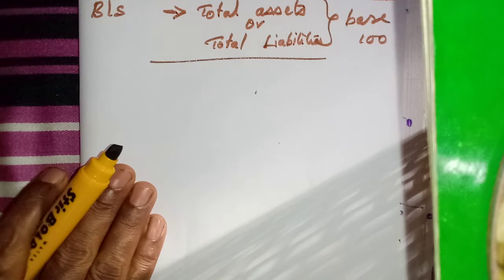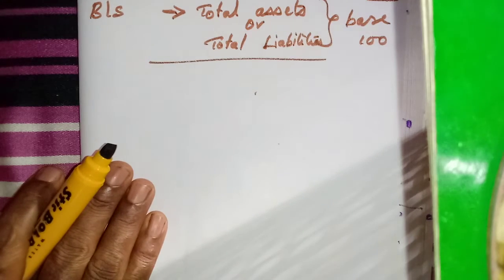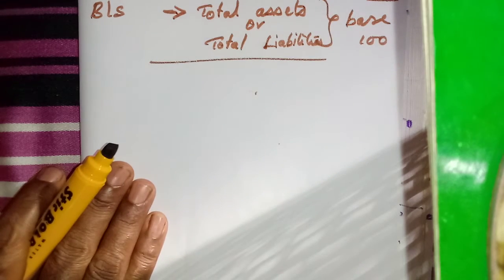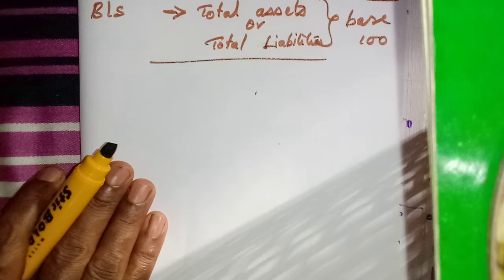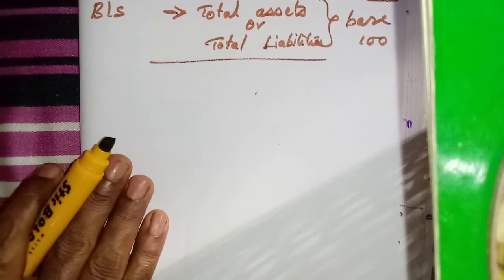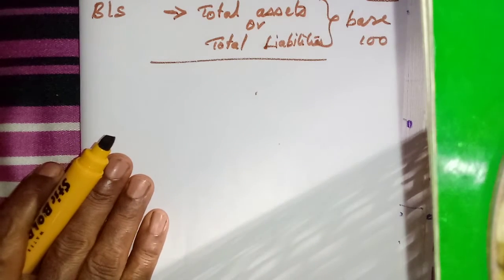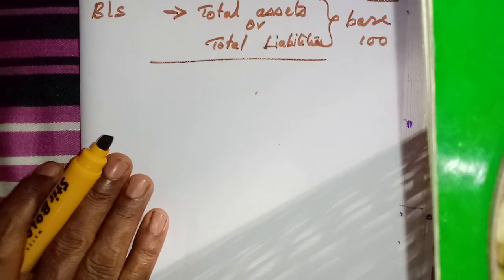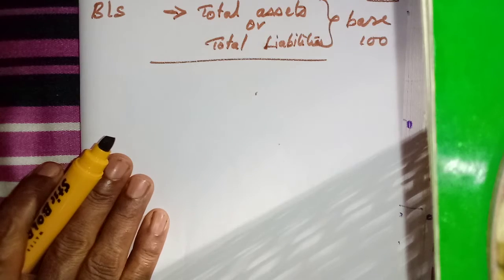Here also, as we compare the years' statements, we can prepare this common size statement analysis for two years or for two different organizations, two different institutions. Amounts also can be compared. Not comparative, the heading is common size statement.